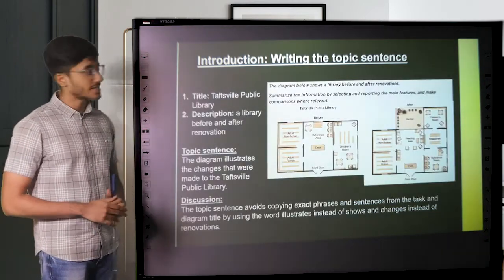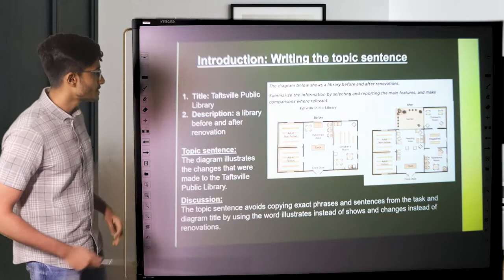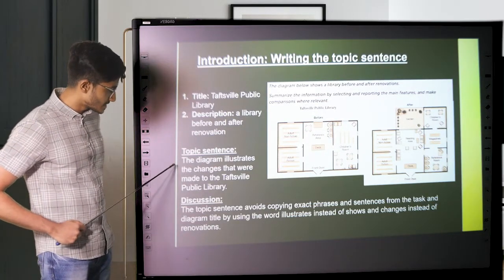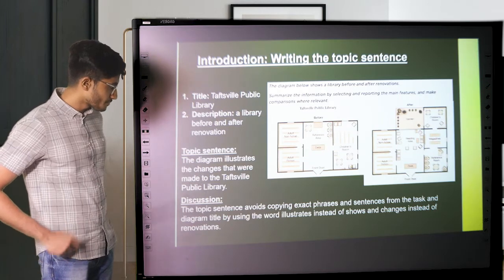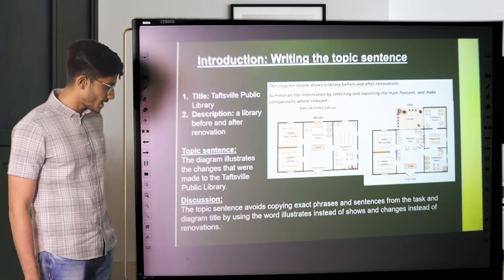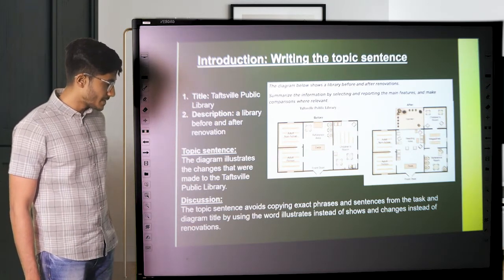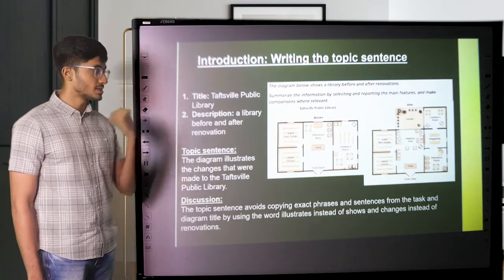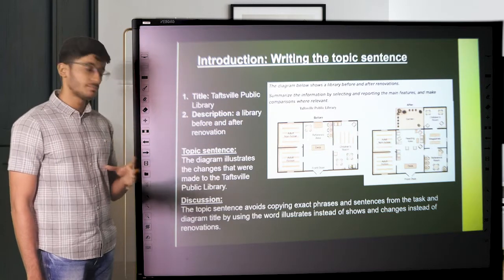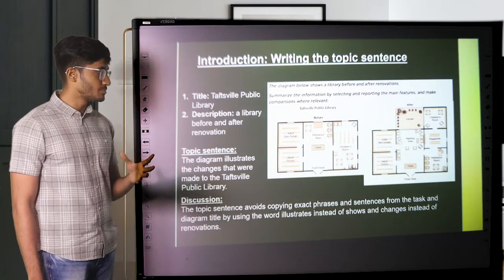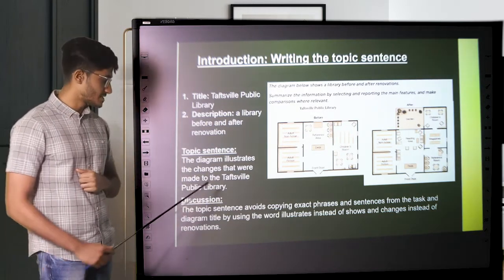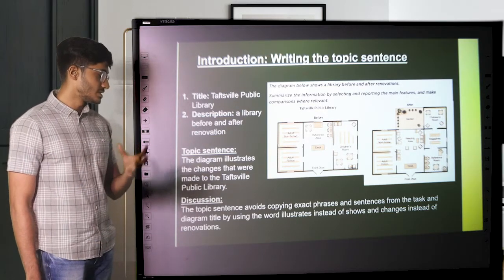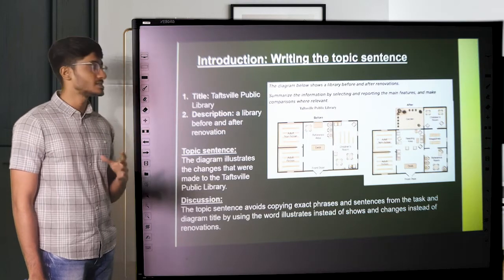Let's take a look at another example, the Tafsville Public Library example. Here the topic sentence is as follows: the diagram illustrates the changes that were made to the Tafsville Public Library. This sentence alone tells us what the diagram is about. It is about a public library, with the name of the library obviously, the Tafsville Public Library, and it shows the changes that were made to this library.